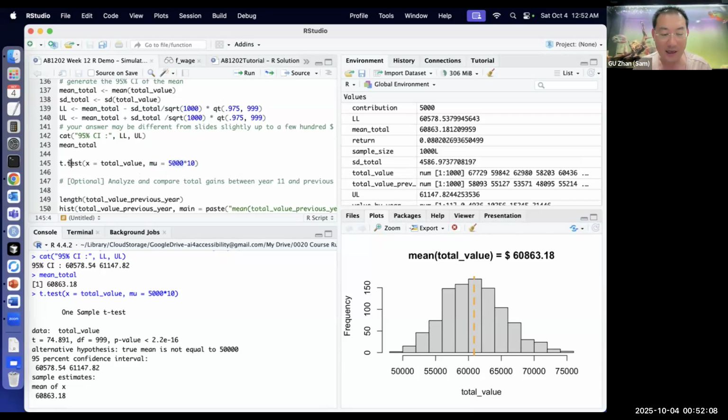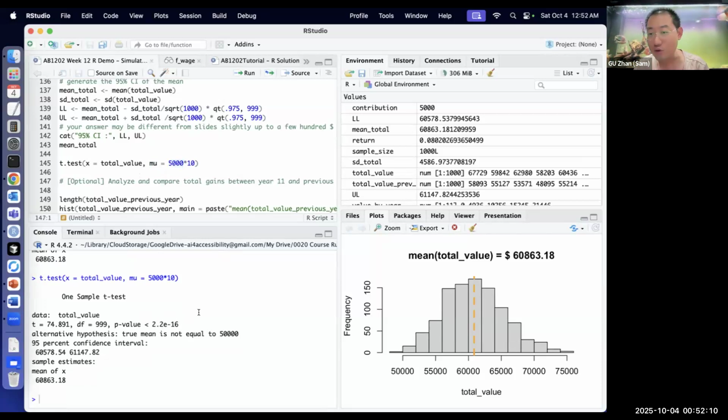Then we run this t-test, and it's saying that the p-value is so small, right? Then it is significant, so we have sufficient evidence to reject the null hypothesis that the investment is useless and you don't gain or lose anything. In fact, we accept the alternative hypothesis, so the true mean is not equal to $50,000.